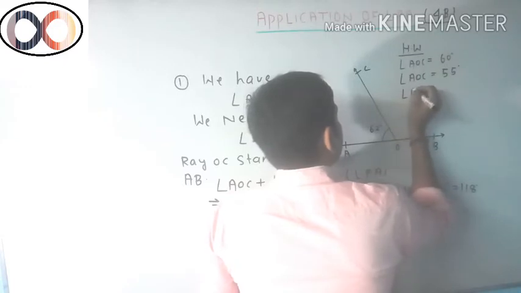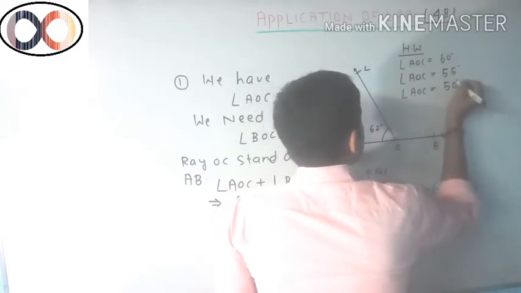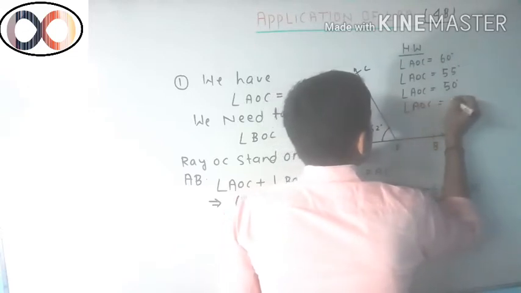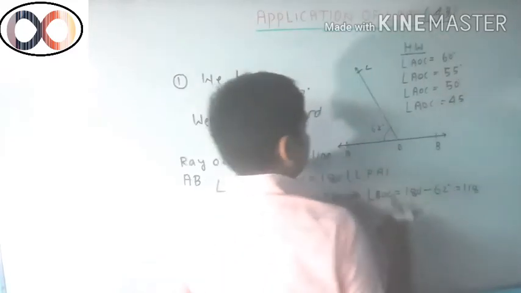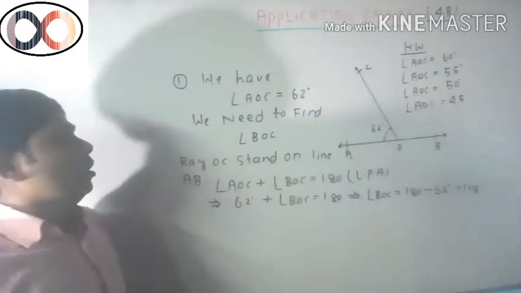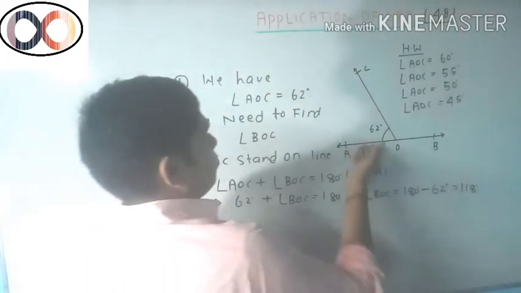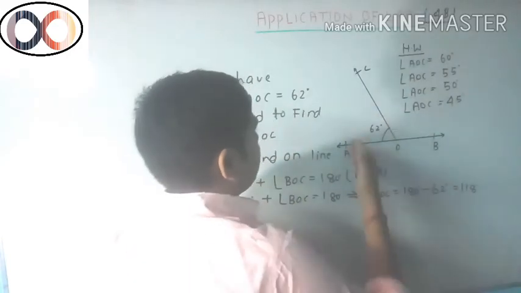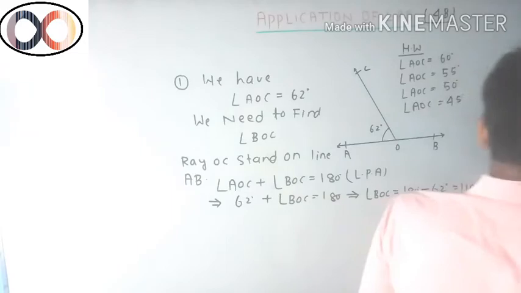Next, angle AOC equals 55 degrees, then 50 degrees, then 45 degrees. You should solve these on the basis of question number 1, using this figure, and you will have to find angle BOC in each and every case. So let's move to the next question.